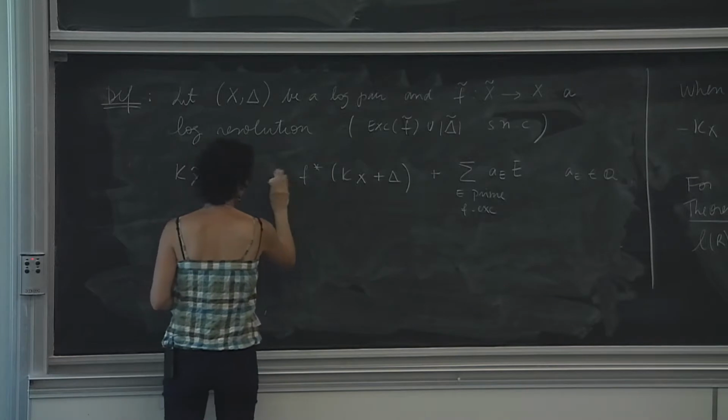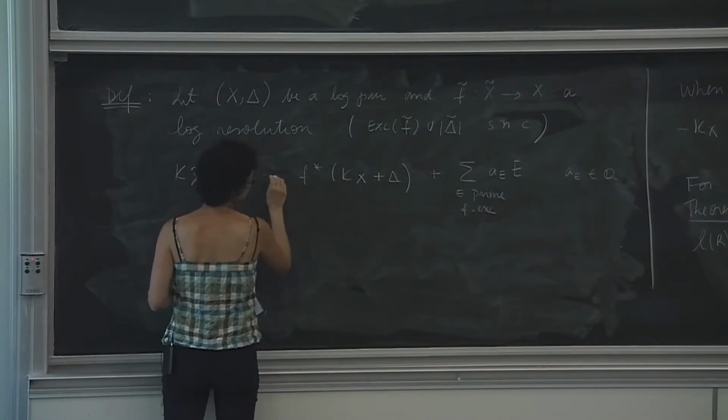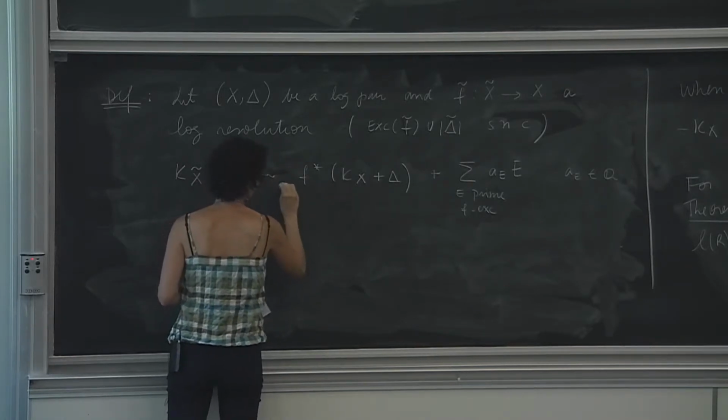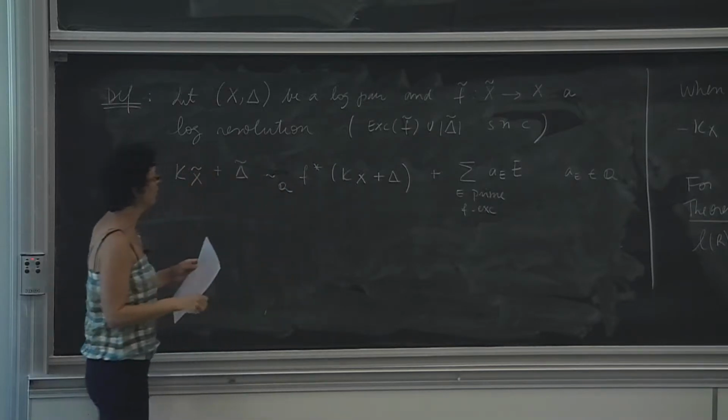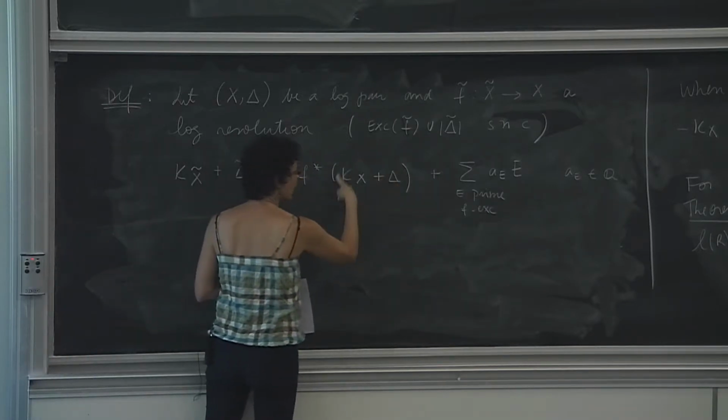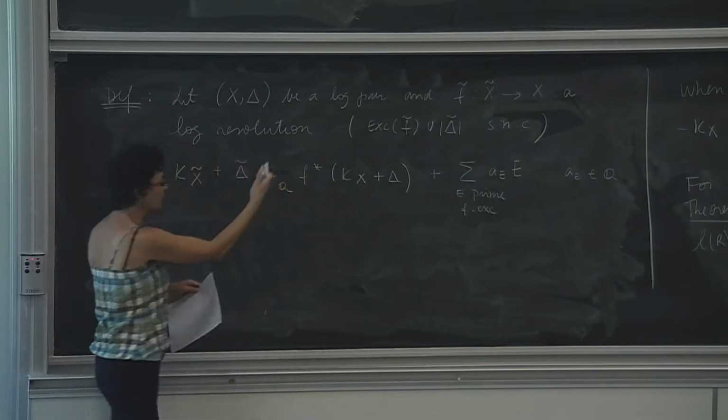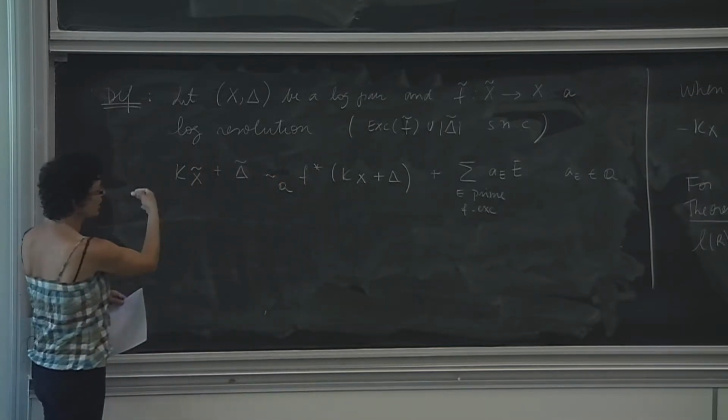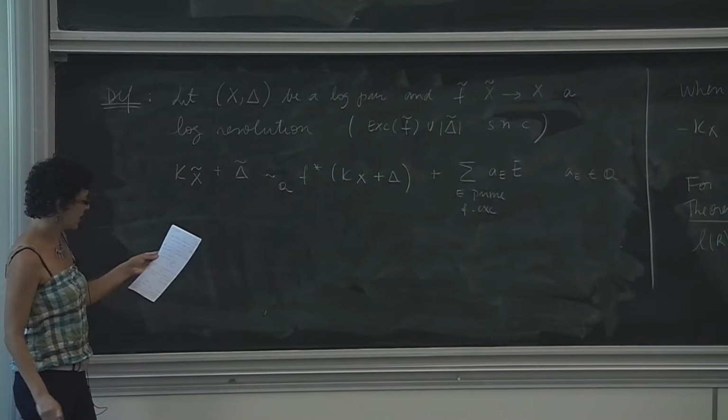Again, I require that this is Q-Cartier. So after multiplying by some integer, I can take pullback, and then I can write this expression.